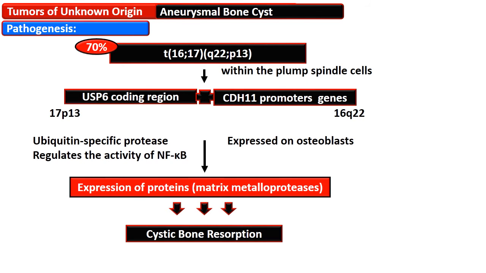Then in a few cases this lesion is associated with trauma, fracture, or subperiosteal hematoma, or in some cases it arises in a pre-existing bone lesion as a result of changed hemodynamics.